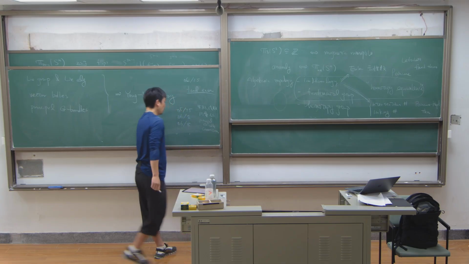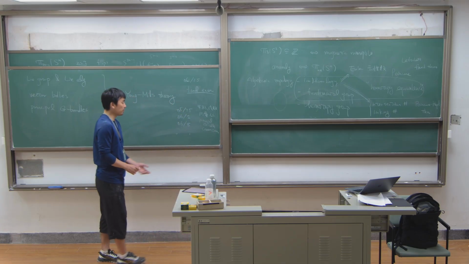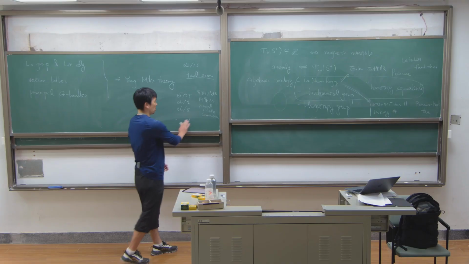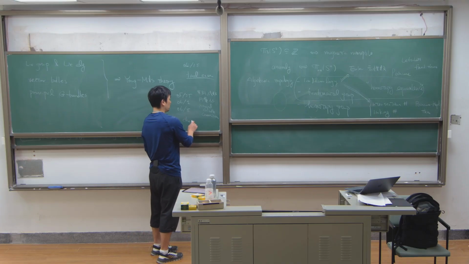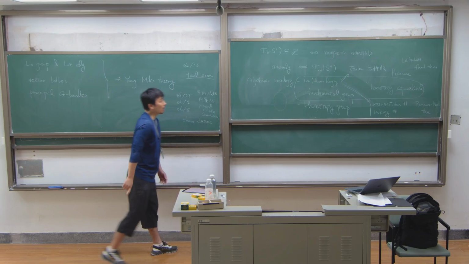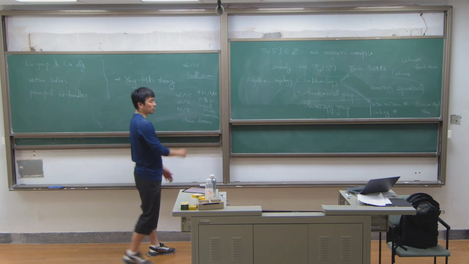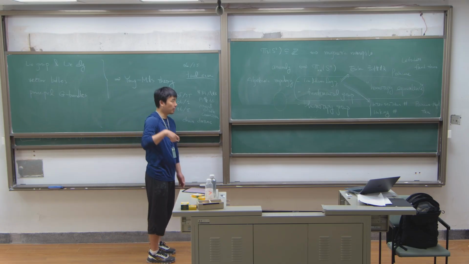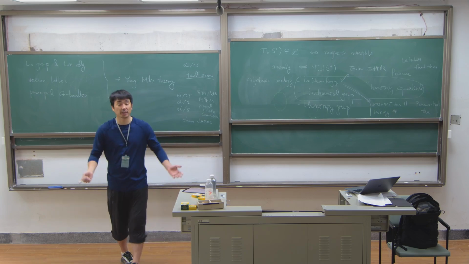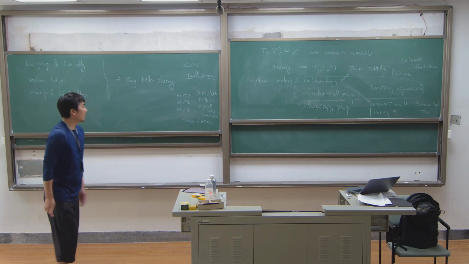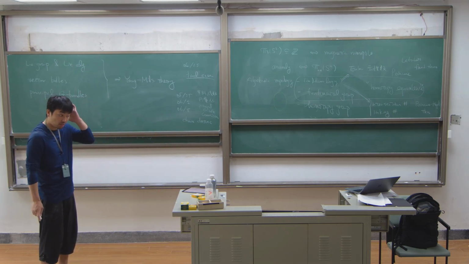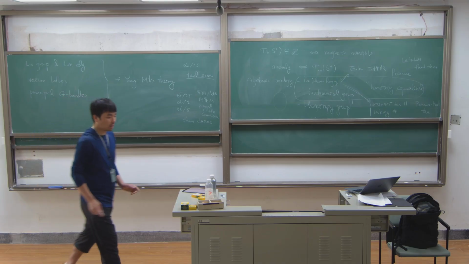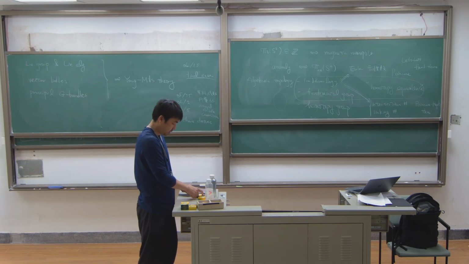And finally, hopefully we can talk a little bit about the so-called characteristic classes, like the Chern classes and the Pontryagin classes also. That's the plan for the rest of the lecture.